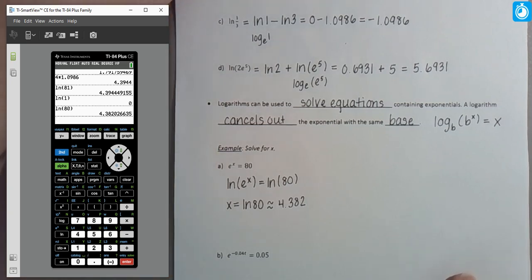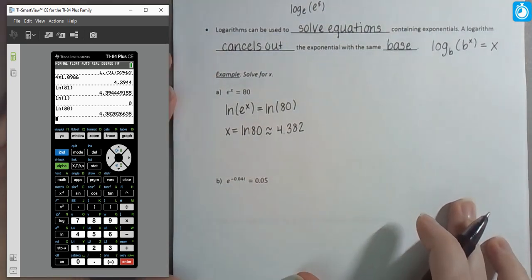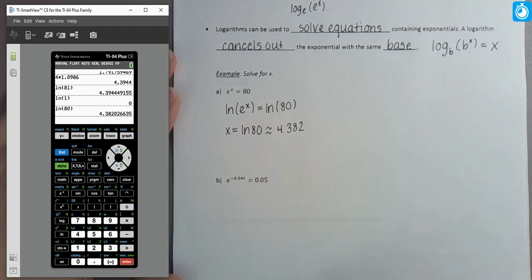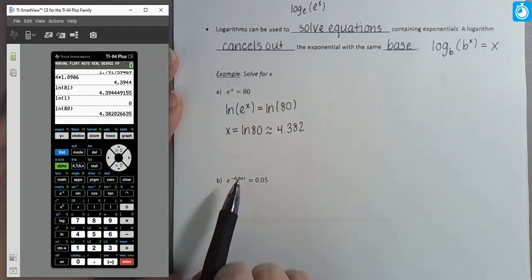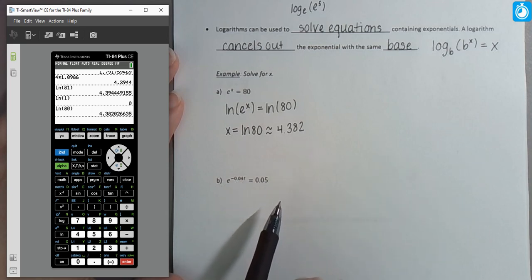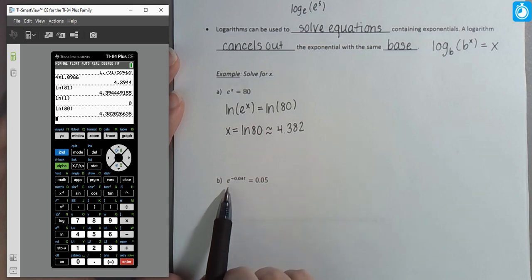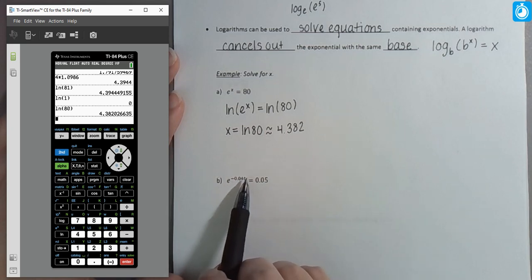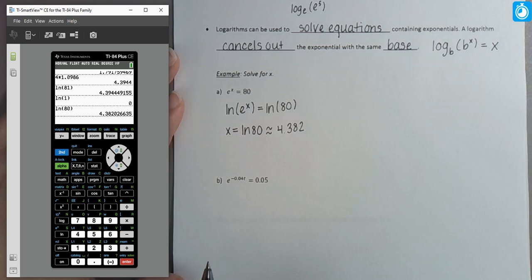Okay, let's try another one. This one looks a little bit more complicated, but notice it's structured in basically the same way. So we have e to a power is equal to 0.05. We want to get rid of our base so that the variable comes out of the exponent.